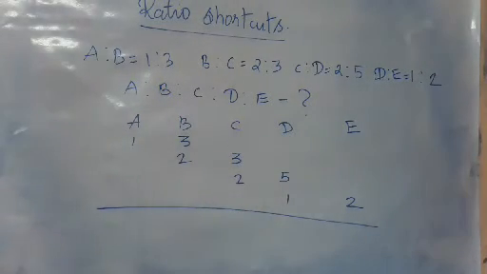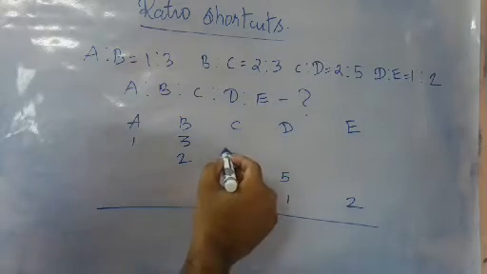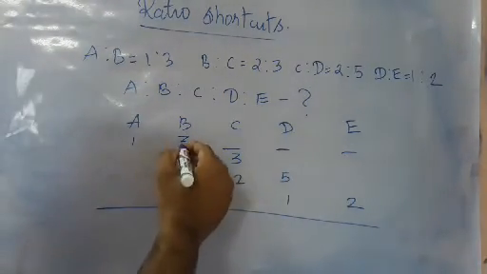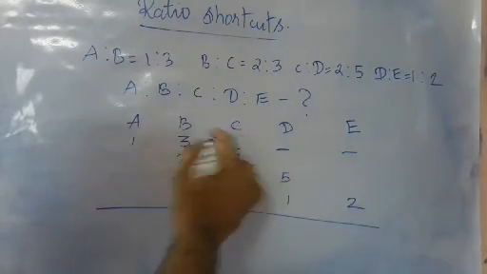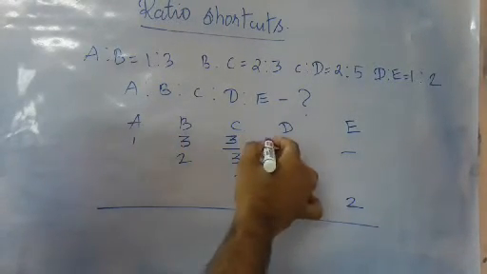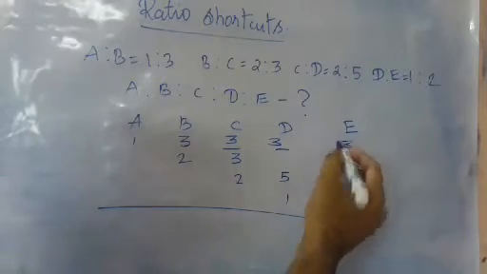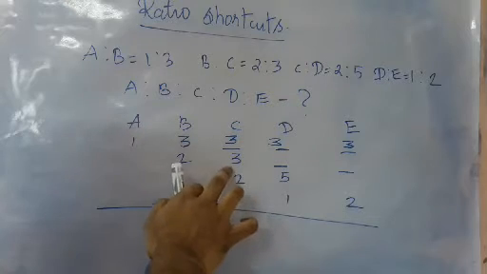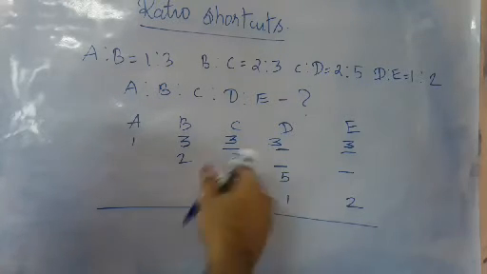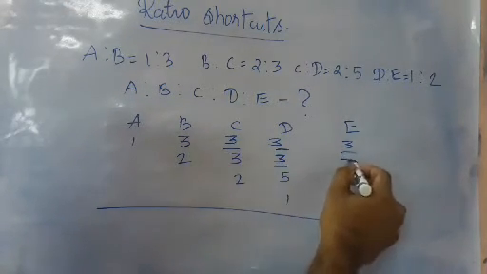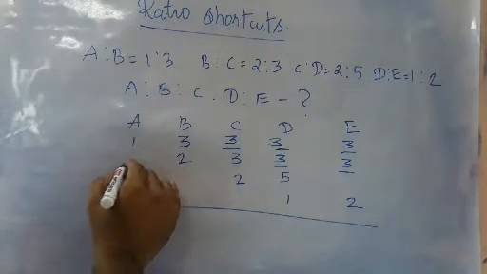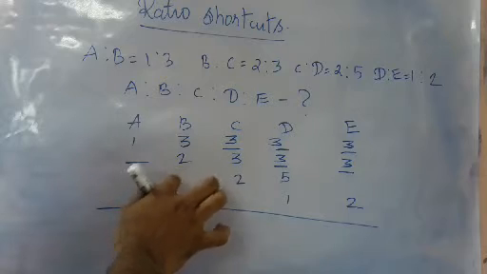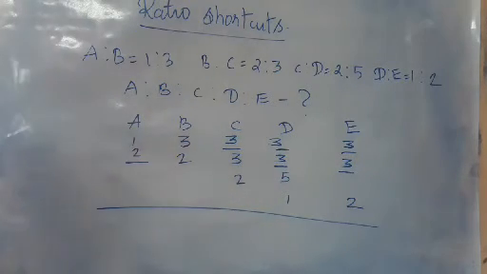Now we have to fill these gaps by the numbers that are present here. So here the number is 3, and so we are going to fill the gap. And then we have to fill the gap here. So we have to fill the number that is present here, and that is 3. And also we have to fill the number here. Here we have to fill the number that is present in this position, and it is 2.